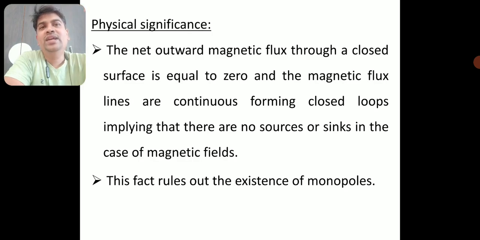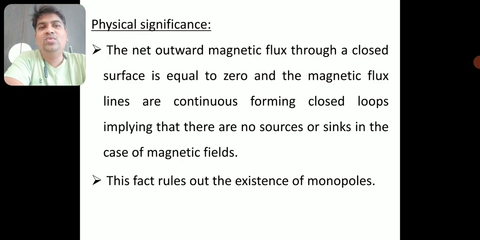I mean to say the North Pole will not exist alone, or the South Pole will not exist alone. If you want to create a magnetic field, you need both the North Pole and the South Pole, because these lines have to make a closed loop. The North Pole cannot exist alone. Monopoles cannot exist.